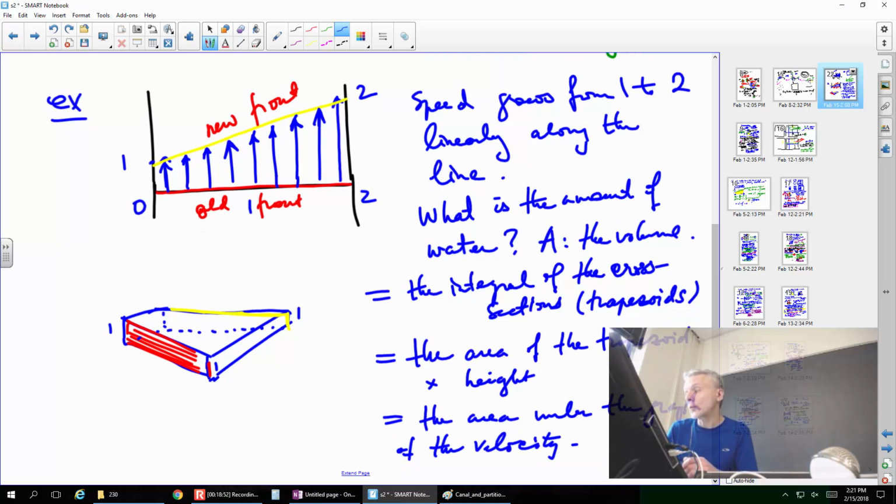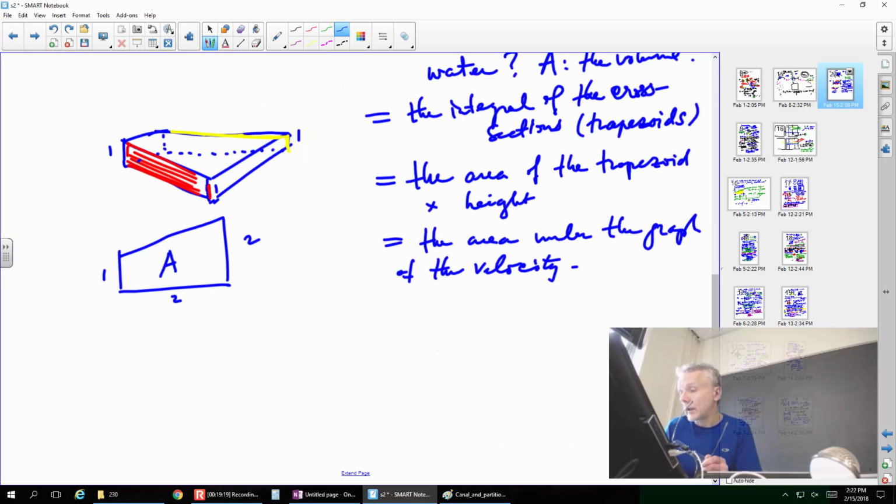Okay, so we're not going to integrate this because it is a trapezoid. It has 1 here, 2 there, so 1, 2, 2, and that's it. So that is my trapezoid. We can find its area, and you remember how we find it? A trapezoid with the bases 1 and 2 and the height 2.